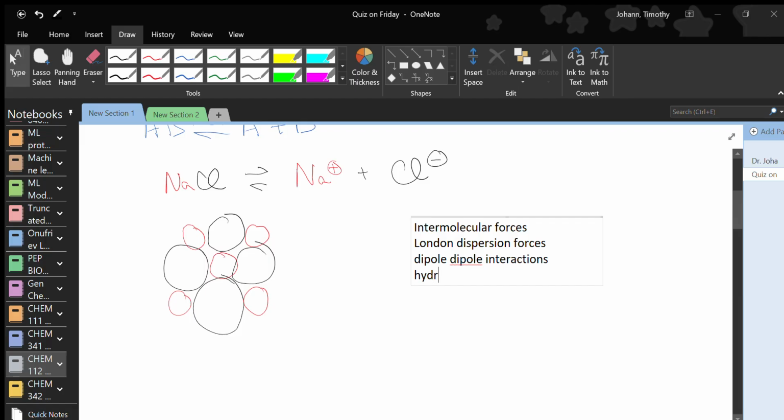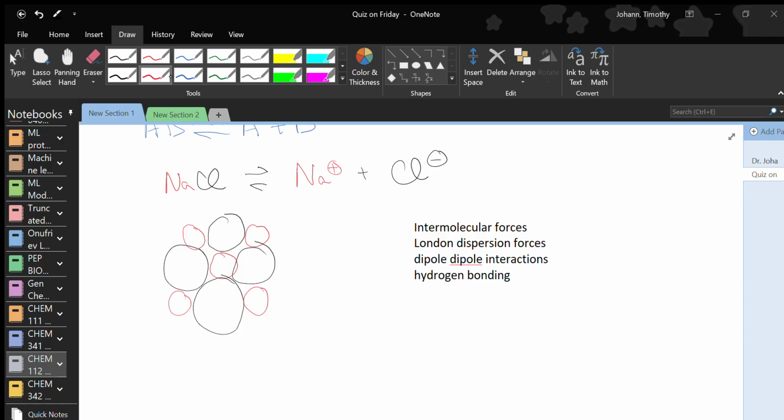Hydrogen bonding, which we talked about as an extra special strong form of dipole-dipole interactions. And so when we talked about these, they got stronger as we went down.